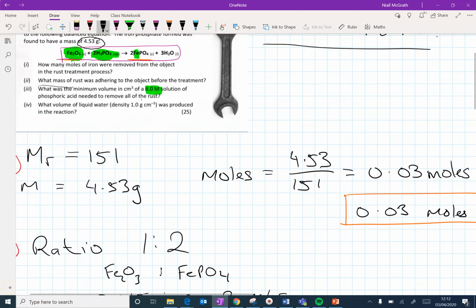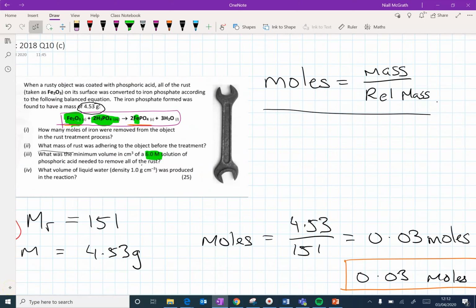And the last part of our question then is, what volume of liquid water, density 1 gram per centimetre cubed, was produced in the reaction? So we're looking for the volume of water. Just from the balanced chemical equation, there is a 1:3 ratio between, we'll go with the simplest one, the iron oxide and the water.